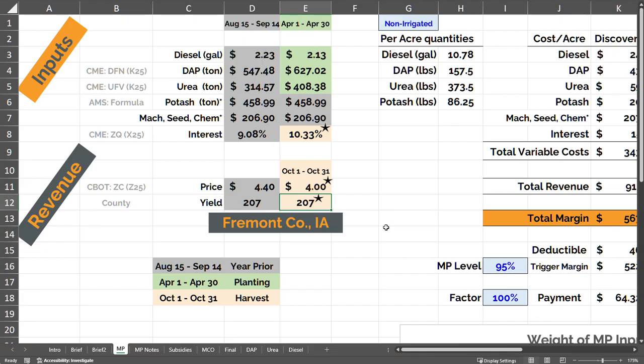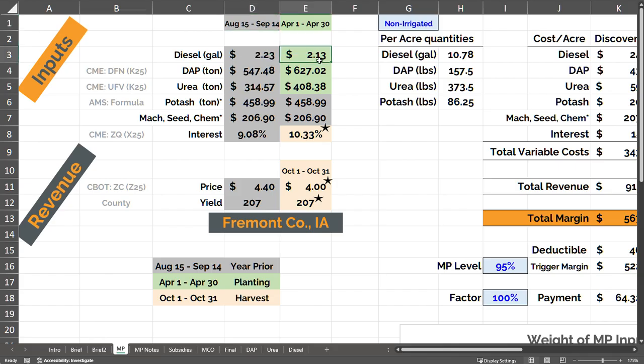So here are those actual inputs that go into margin protection. Just going down the list, we've got diesel, DAP, urea, potash, machine, seed, and chemical, and then interest. All of those in the gray boxes here are discovered from August 15th to September 14th. So we are in the middle of the discovery window for the 2026 crops.